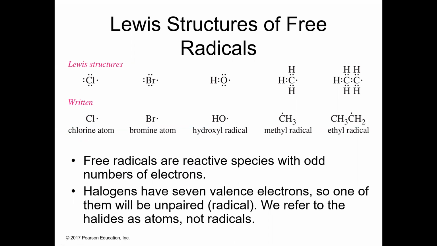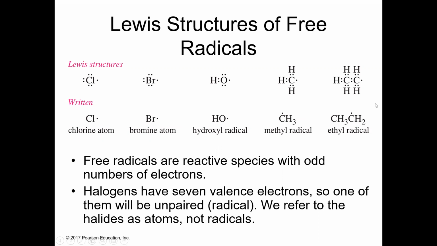These are some other examples of free radicals. We of course have halogen atoms as intermediates. The hydroxy radical is an important intermediate in atmospheric science. It's also an important intermediate in hydrogen peroxide or peroxide oxidations.